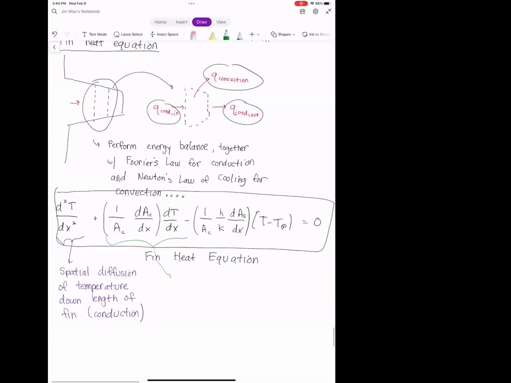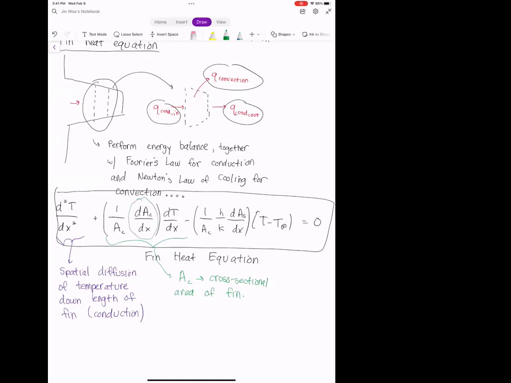Next, we have this term right here, and the key term in here is A_c. Okay, and so what A_c represents? A_c is the cross-sectional area of the fin. All right. And so the key term here is actually this derivative term right here. Okay.